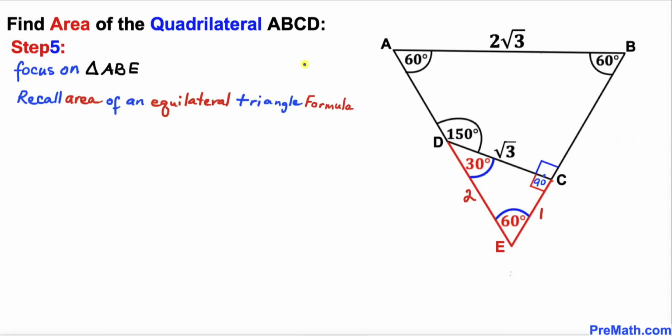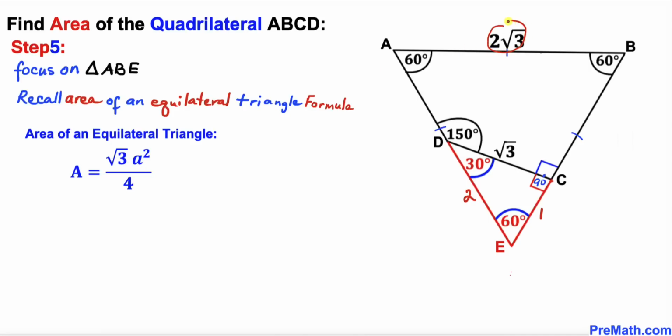And here's our next step. Let's focus on this big triangle ABE, and we know that this is an equilateral triangle. So let's recall the area of an equilateral triangle formula. Area equals square root of 3 times a squared divided by 4, where our a value is 2 times square root of 3.